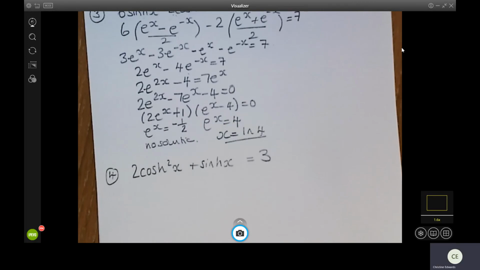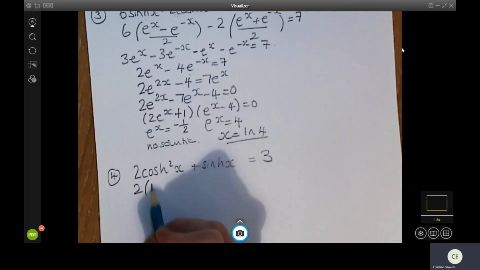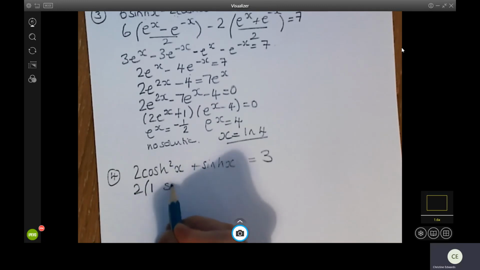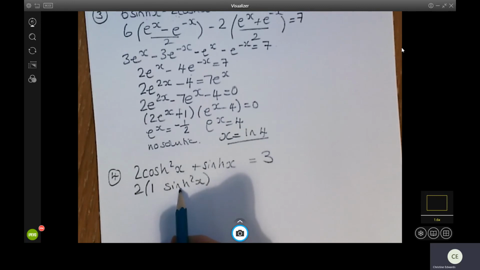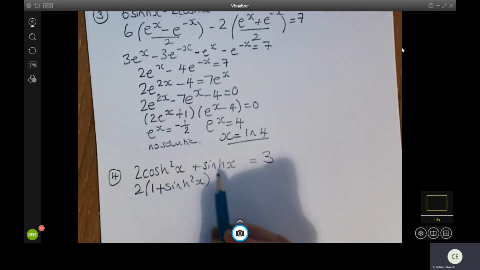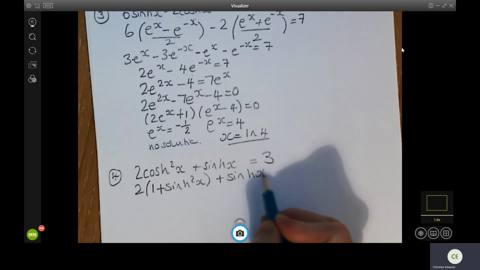If I was solving a similar trig equation, I would replace the cosine with the identity. I'm going to proceed in a similar way for this hyperbolic equation. So we want 1, and it's sinh squared of x. Because it's a squared sinh term, that means that I am going to need a plus here because I have a change of sign when I move from the trig identities.